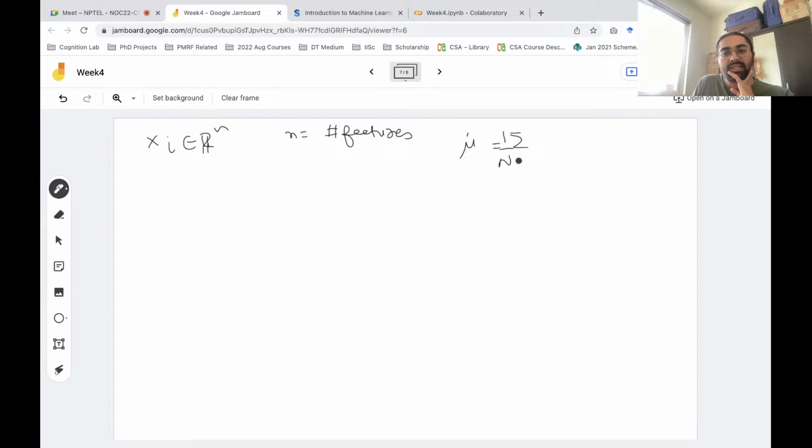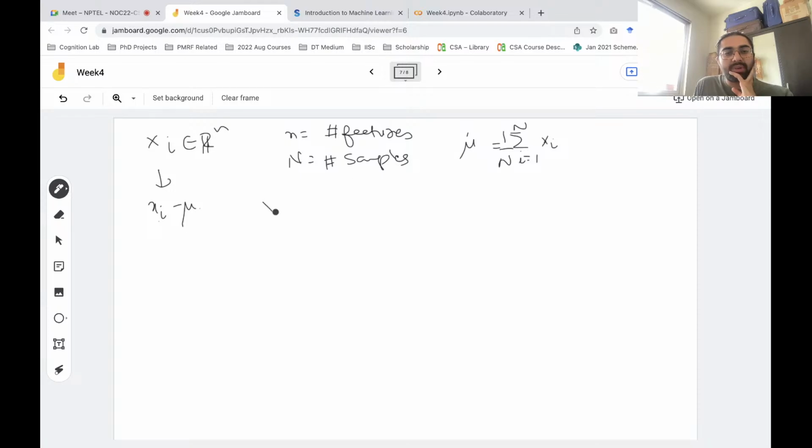Let's say capital N is the number of samples, so mu is the sum over i equal to 1 to N of Xi, divided by N. What you do now is transform Xi to Xi minus mu, okay? And now this becomes your mean centered data.